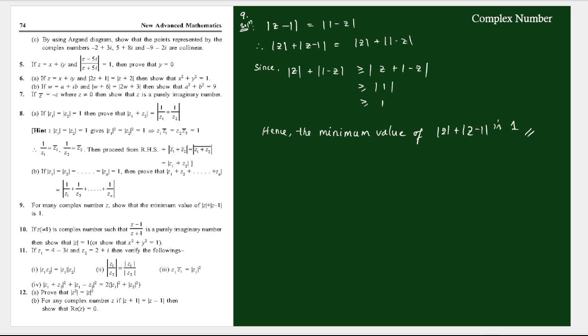Number 10. Such that z minus 1 over z plus 1 is purely imaginary. Like number 7, number 10 is like number 7. Then show that modulus of z is equal to 1, or x squared plus y squared equal to 1.